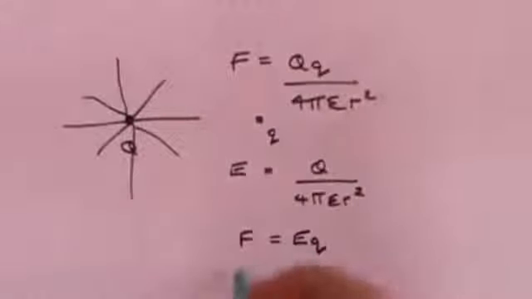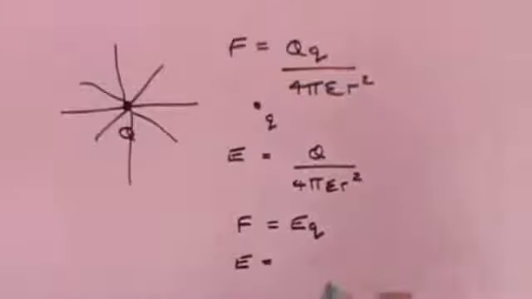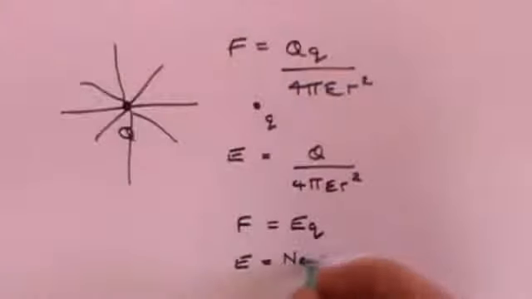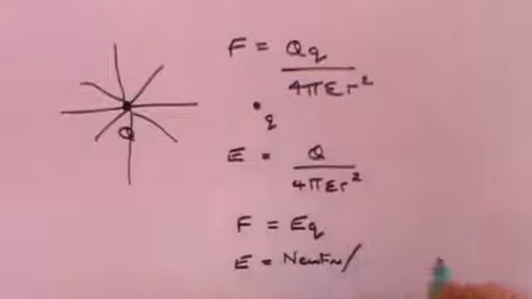So in other words, the electric field is essentially force per unit charge. And force is always measured in newtons, and charge is always measured in coulombs. So the value of the E field, the electric field, is measured in newtons per coulomb.